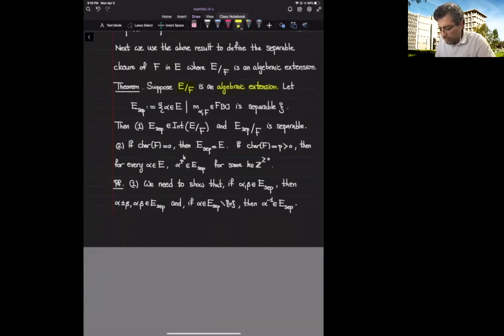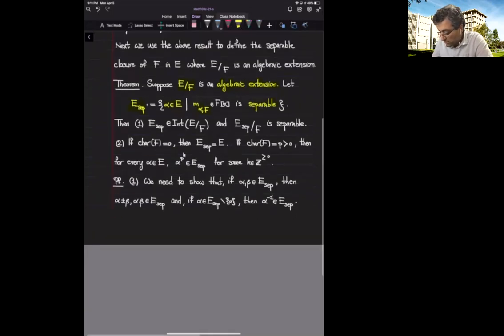Then I consider the set of all the elements inside this extended field where the minimal polynomial is a separable polynomial. If my extension is a separable extension, then E sub sep is the entire E. In fact, this is if and only if. So E sub sep is equal to E precisely when E over F is a separable extension.